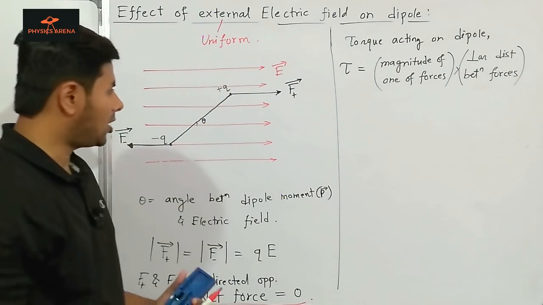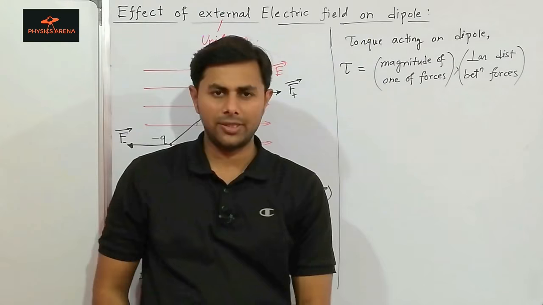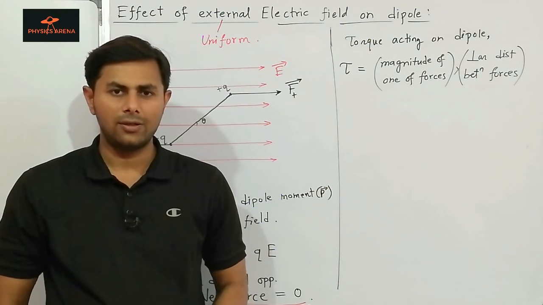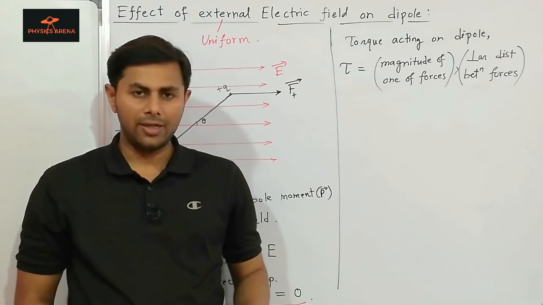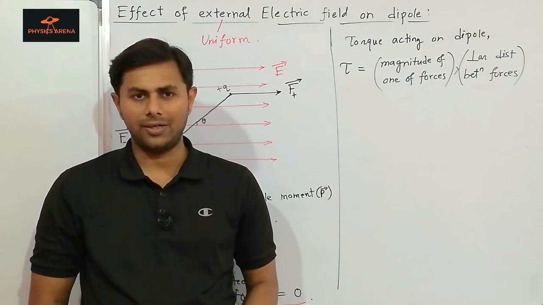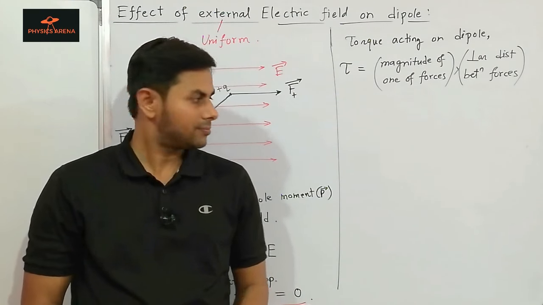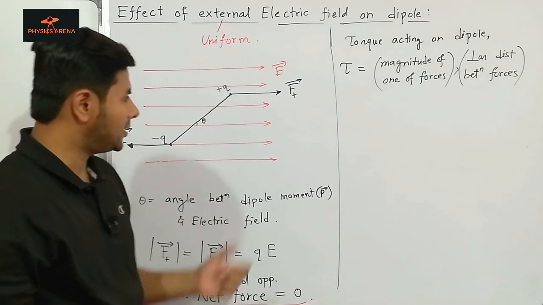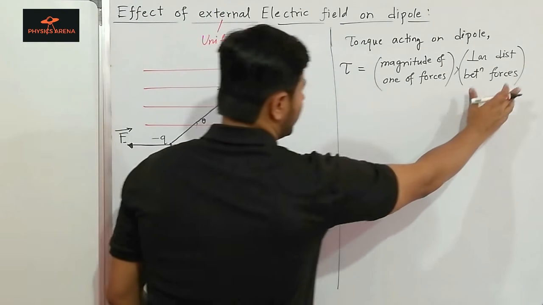Okay, the torque is the magnitude of one of the forces multiplied by the perpendicular distance between the forces if the two forces are equal, and if they are unequal, then we'll have to find the torque separately and then add it. In this case they are equal, so let's find the perpendicular distance.